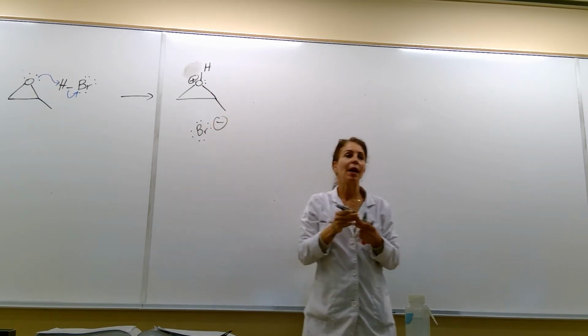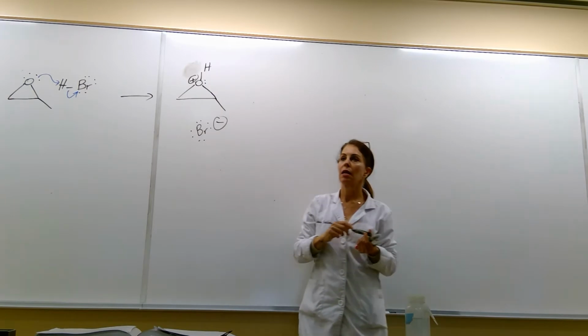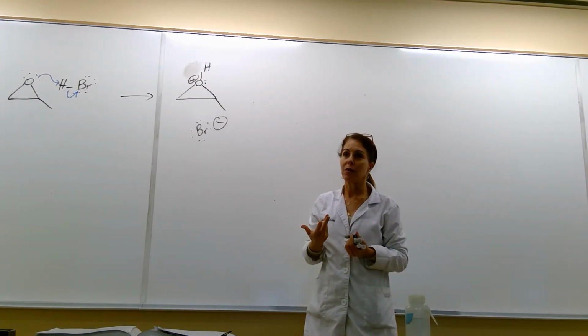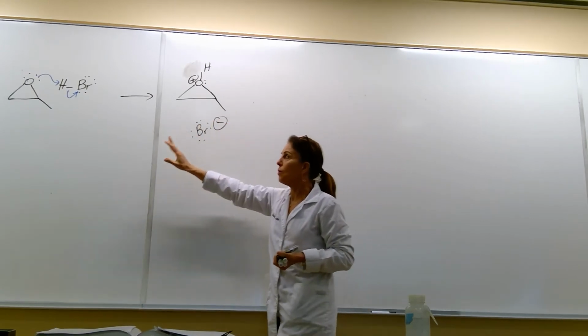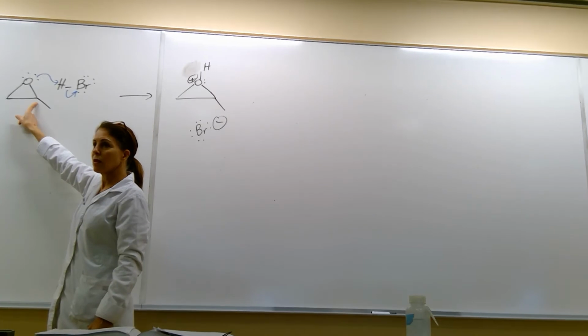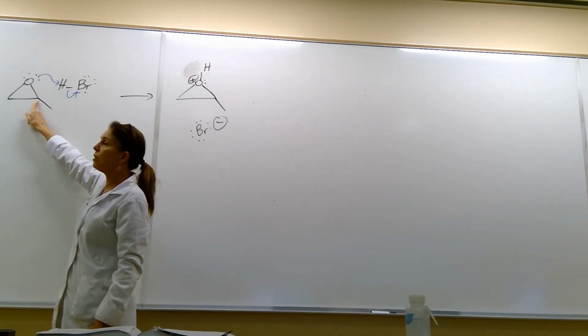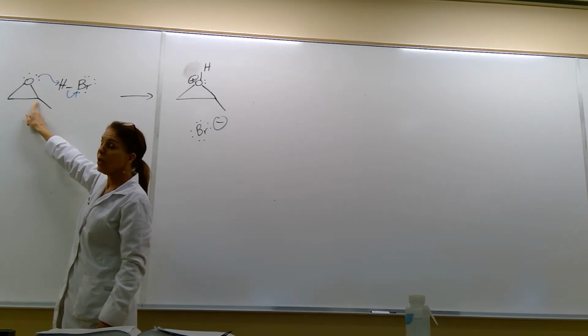So here, what are my options? The Br has to attack, you agree? But before I even start here, what is the hybridization here? This one. SP how many? 3.